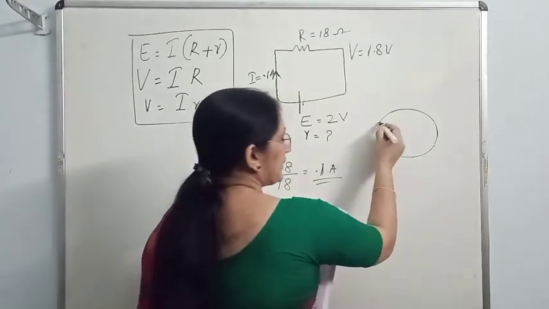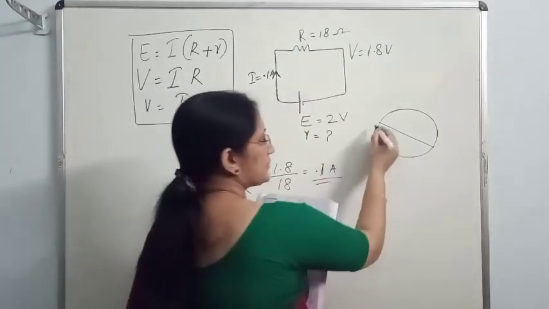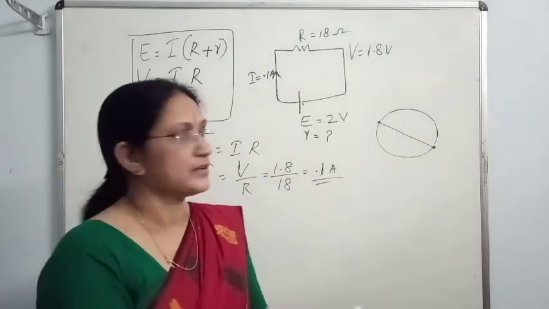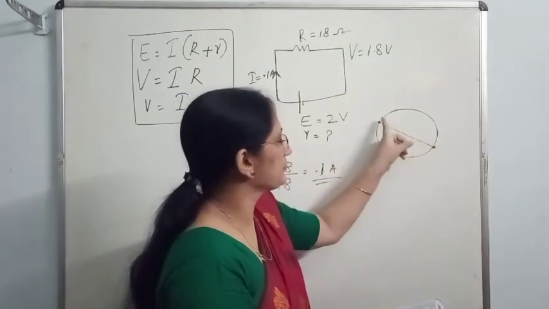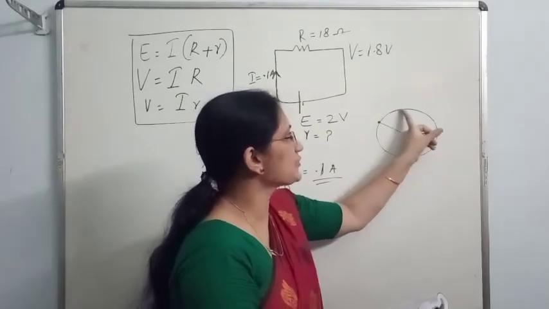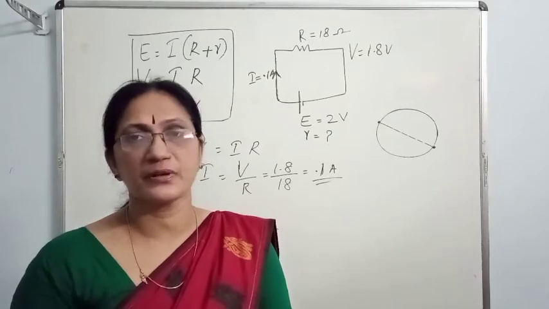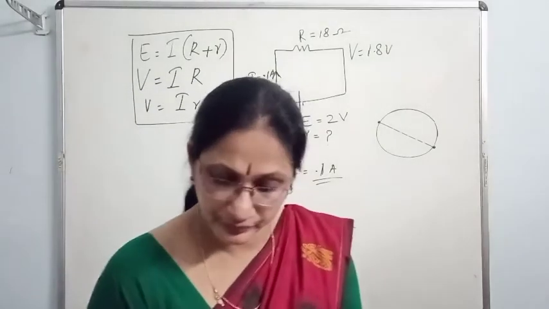And if you make a diameter, between the two ends of the diameter, what will be the resistance? Between these 2 points, this is the diameter. Between these 2 points means only half length of the wire is included. So the resistance will be half of 20, that is 10 ohm.